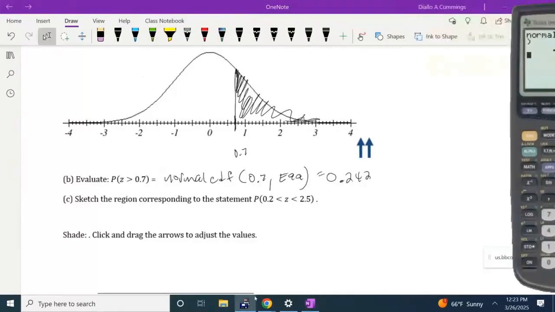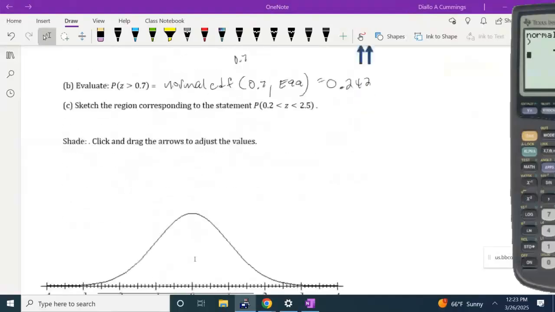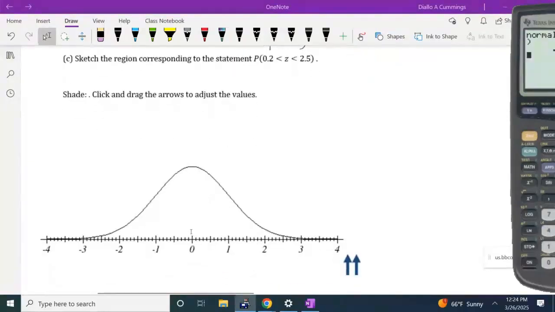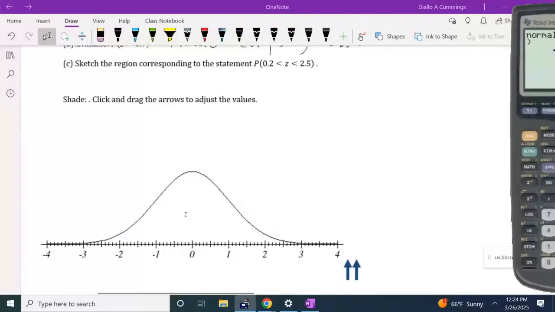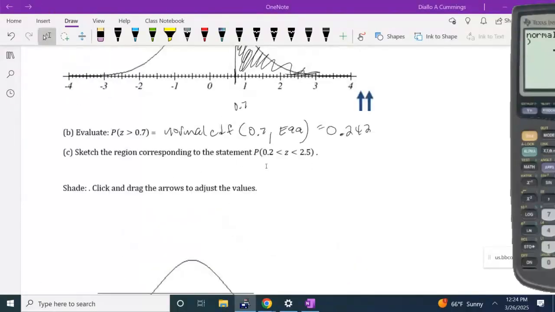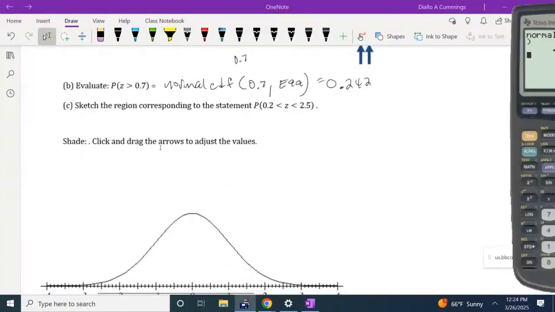All right. And then it goes to the next problem. Well, on the answer sheet, it appears to go to the next problem, but this is still one problem. So part C gives you another standard normal curve, and it wants you to sketch the area 0.2 to 2.5. This would be in between two values.